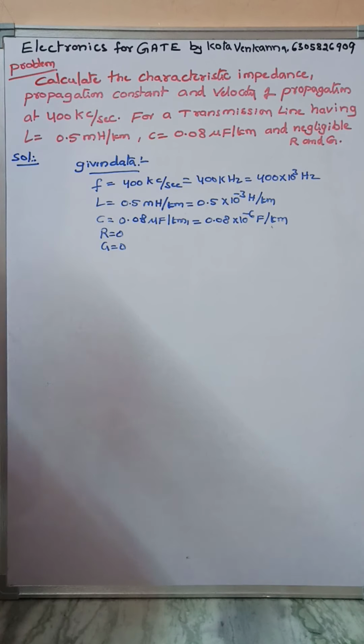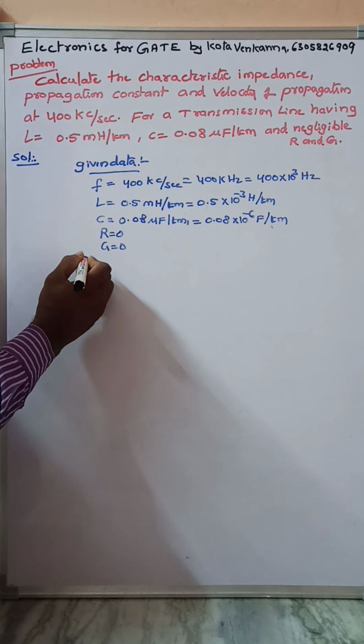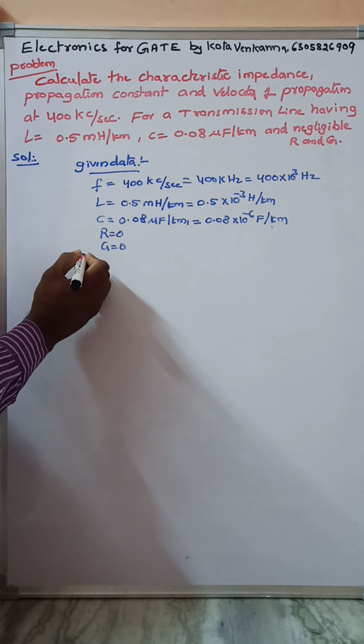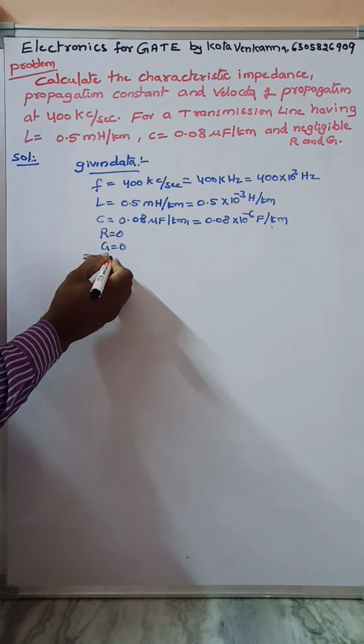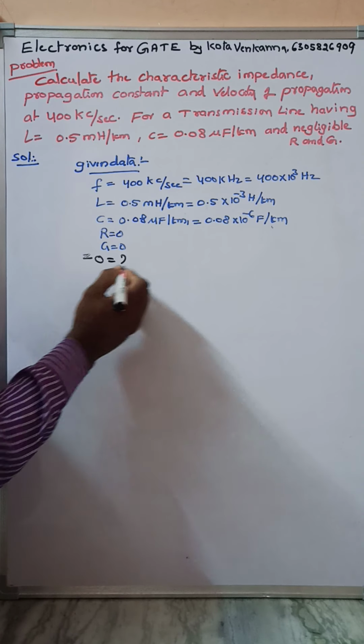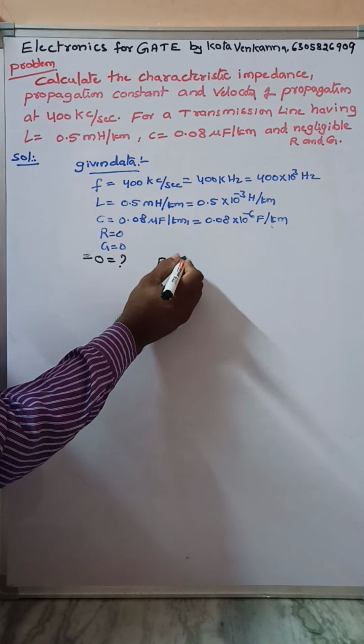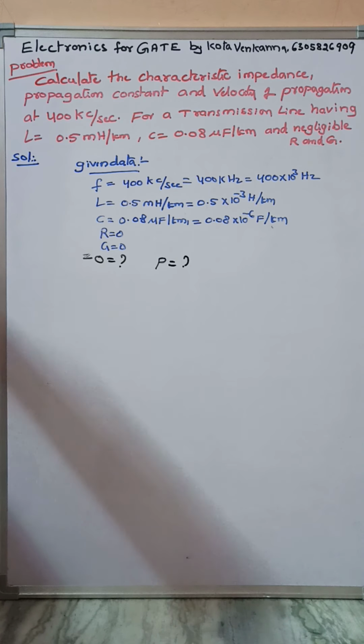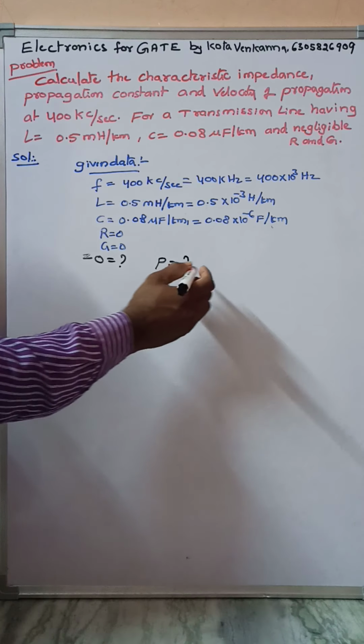We have to find the characteristic impedance Z0, the propagation constant P, and the velocity of propagation Vp.